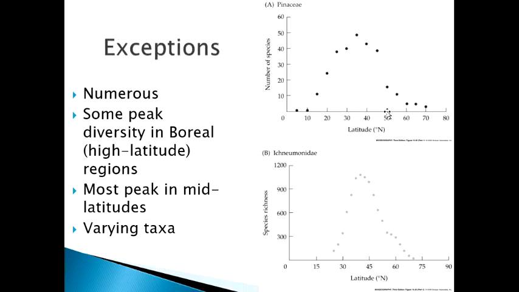And again, some more exceptions. The upper one from your book, these are pine trees, and they reach a peak far from the equator. Here the equator is 0 on the extreme left of the diagram. Ichneumonid, a family of wasps, also more abundant in temperate zones.